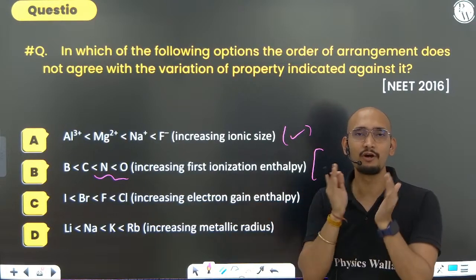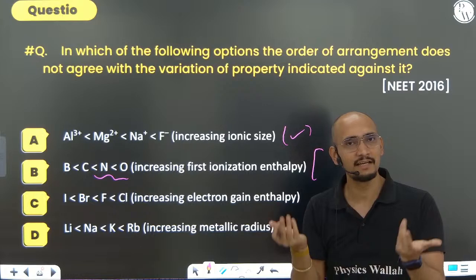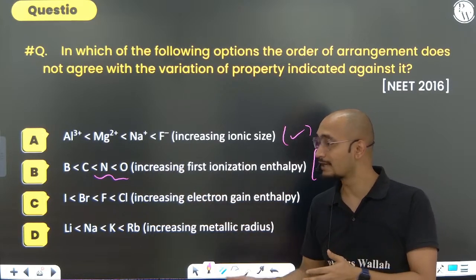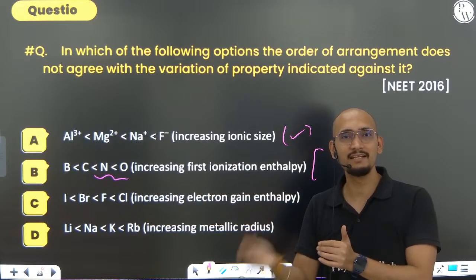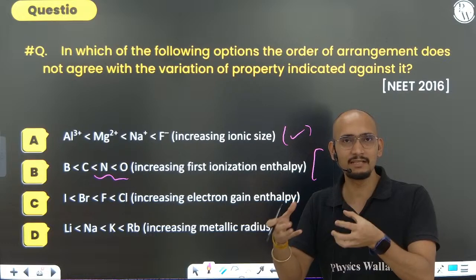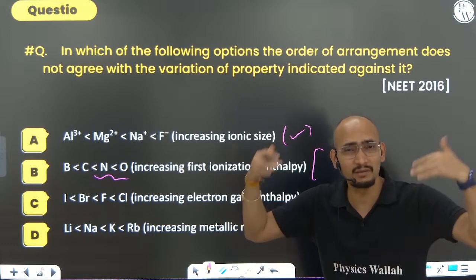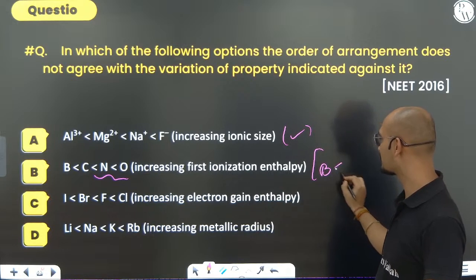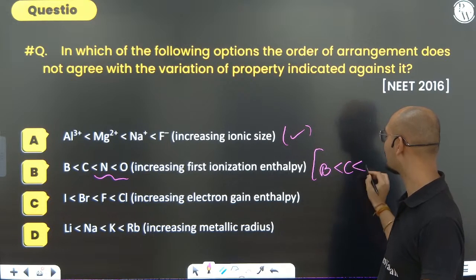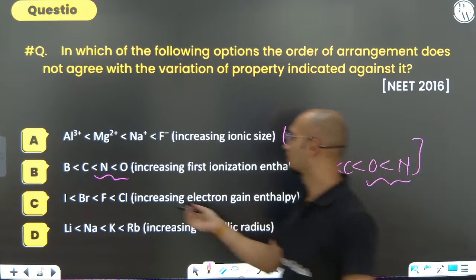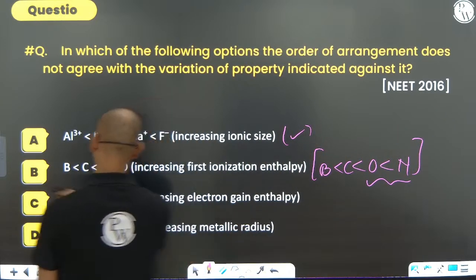Why? Because the beryllium family has a fully filled ns2 orbital, while the nitrogen family has np3, which is half filled. They have a more stable electronic configuration, so removing an electron becomes tougher. So boron is less, then carbon, then oxygen, and then nitrogen comes. Here there is a change. So this is false, and option B is the correct one.